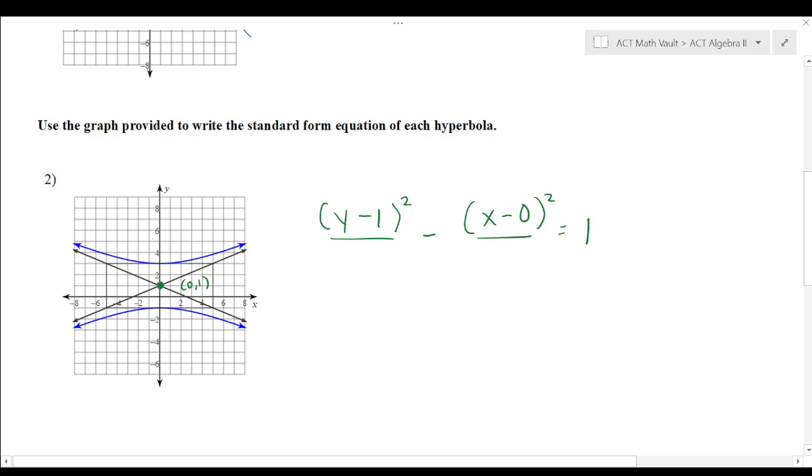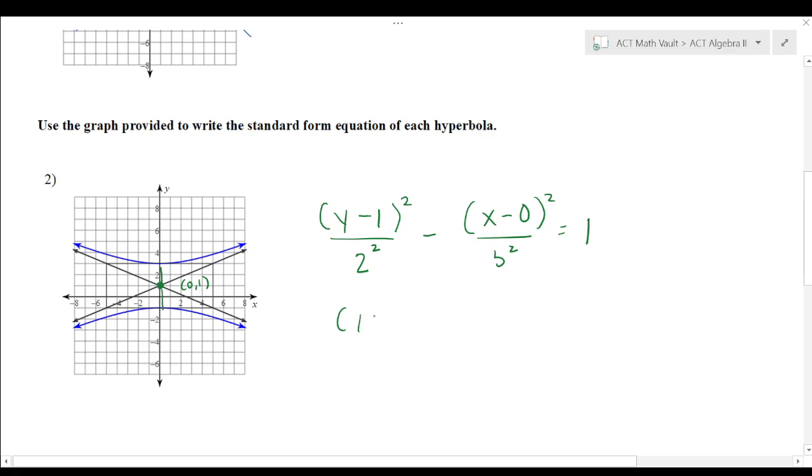Okay, then it goes 2 up, 2 down, so that's going to be a 2 squared for the y, and then 1, 2, 3, 4, 5 both ways on the x will give us a 5 going left, going right. Okay, so I have all the bones now, I just need to simplify it.